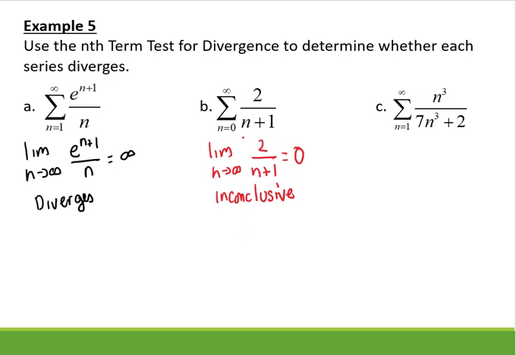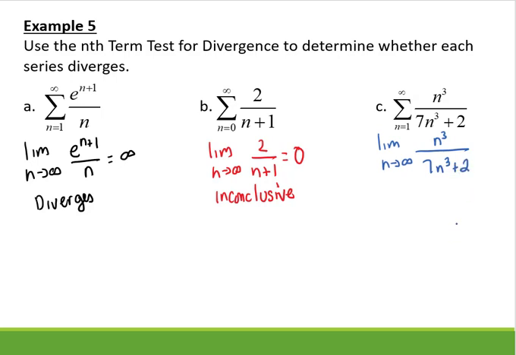And then here on this one, the limit as n goes to infinity of n cubed over 7n cubed plus 2. So this limit ends up equaling, I don't know why I have 1/3 in here. Powers are the same, it equals 1/7.